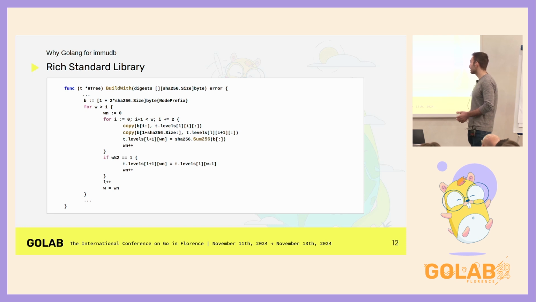Not only can we see that computing hashes in Golang is as easy as just calling a function, but there are also things such as the implicit manipulation of byte slices and the copy function, which really help reduce the amount of boilerplate code that we write.